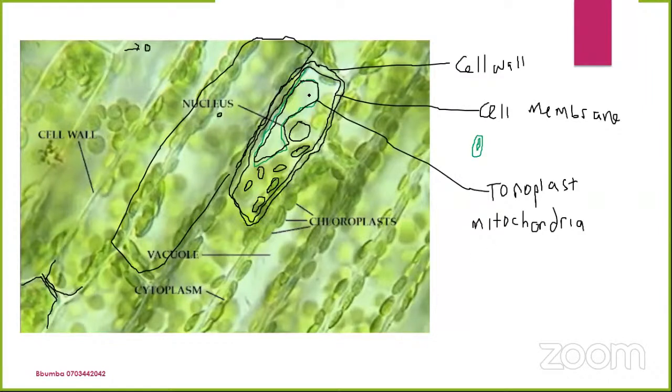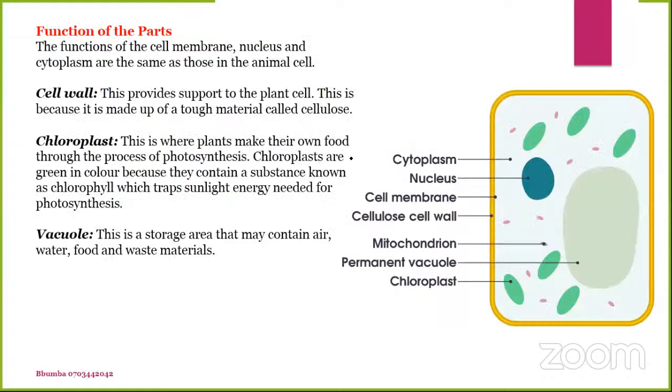And then let me pick Julia. Teacher, you say that the tonoplast surrounds the vacuole. So which is the vacuole? Is the vacuole the inside of the tonoplast? Is it a liquid? Now the vacuole stores certain wastes.